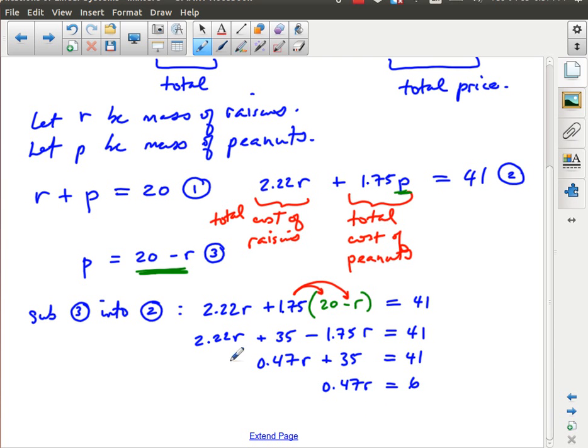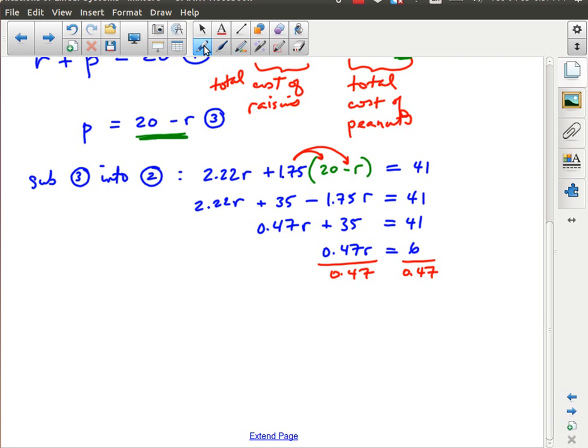And I'm just going to double check everything that I've done up until this point, so make sure that I'm dealing with correct values. And so now I'm going to divide both sides by 0.47 divided by 0.47, and I end up with R is equal to... now this one, if I've done everything correctly, is going to work out to be a decimal.